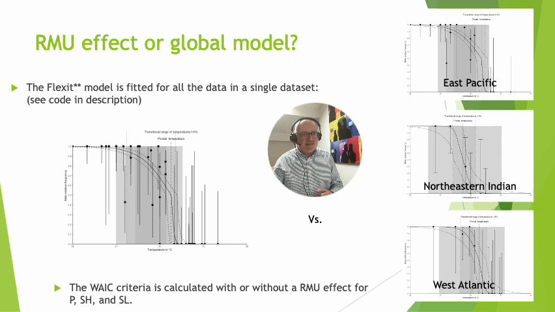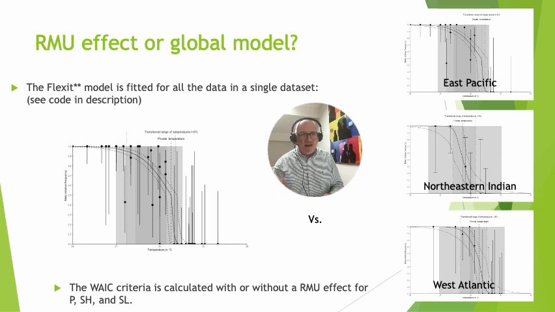The statistics come from WAIC, which is the equivalent of AIC when you use Bayesian statistics. Here at the left, I fit the model of sex ratio thermal reaction norm for all the data grouped, so no RMU effect.